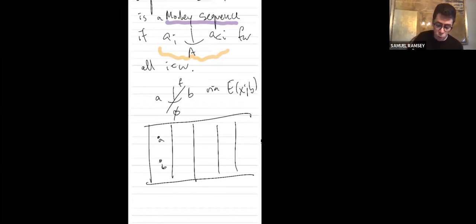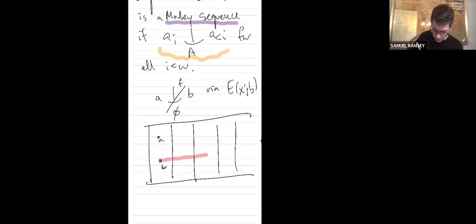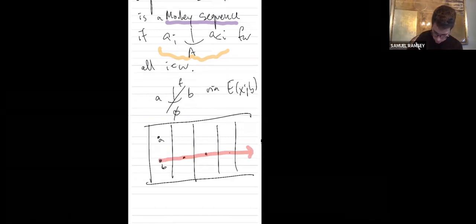And the question was why? And the answer is because we could choose an indiscernible sequence like this, which went from class to class, and then saying I'm equivalent to this element in the indiscernible sequence, and I'm equivalent to this element, and I'm equivalent to this element. These are all pairwise inconsistent because the elements themselves are inequivalent.